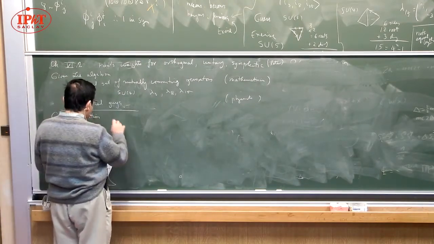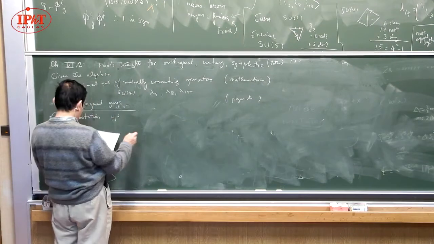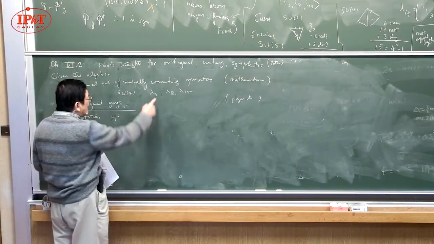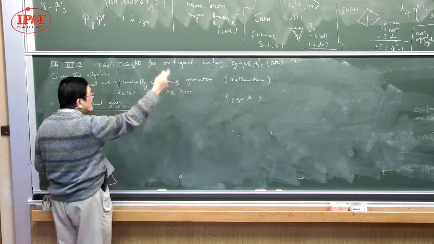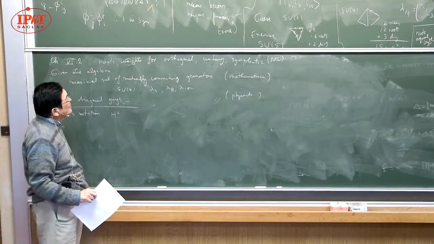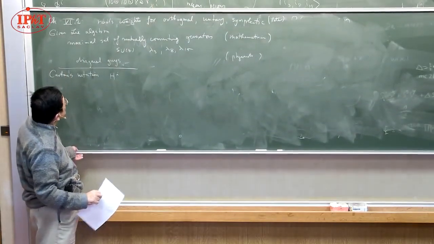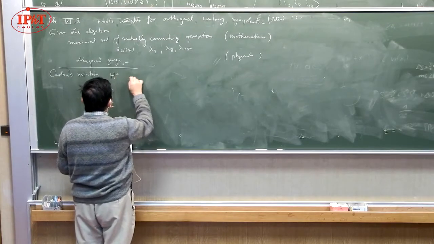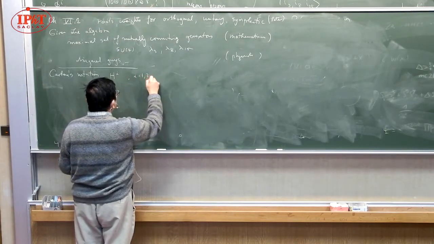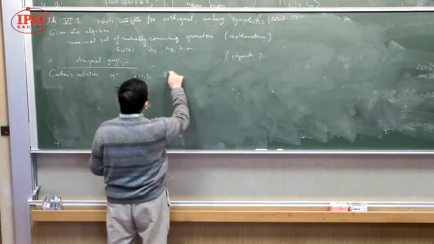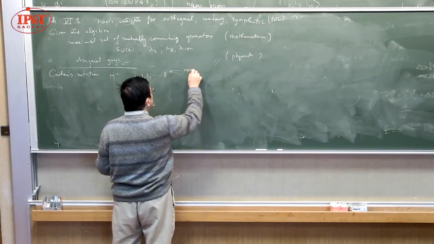Cartan's notation is that these are called H_i. It's obviously crazy to call them lambda 3, lambda 8, lambda 15, and so on. For a general Lie algebra, this would be terrible notation. So Cartan calls them H_i, i equal to 1 to L. And this number is called the rank.